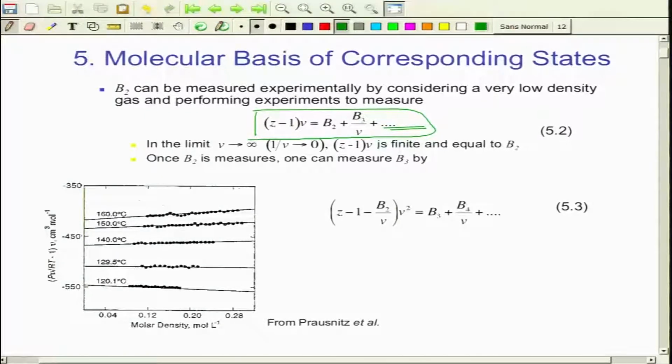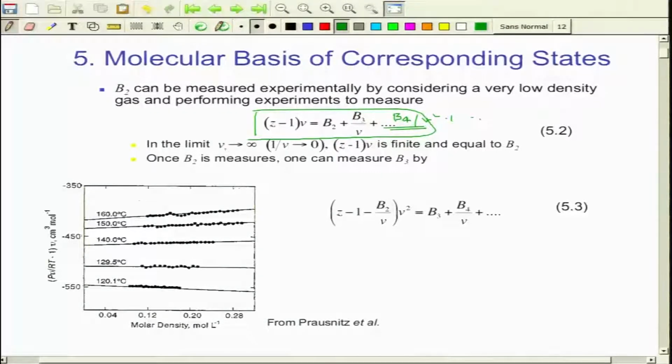The first equation can be rearranged to get this easily, because PV by RT is nothing but Z. So Z minus 1 multiplied by V is B2 plus B3 by V plus B4 by V square and so forth. If you ignore higher order terms, then you can exploit this expression to evaluate B2. And how do you do that?